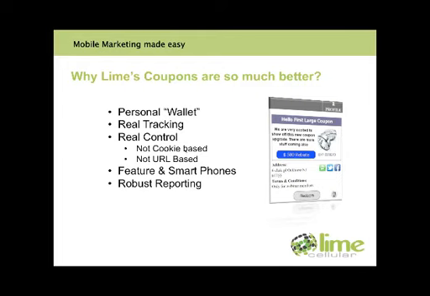Now that takes us to why Lime couponing is so different from others. Lime is not just a web coupon or mobile coupon. We actually host a personal wallet for each phone number, and it's unique.